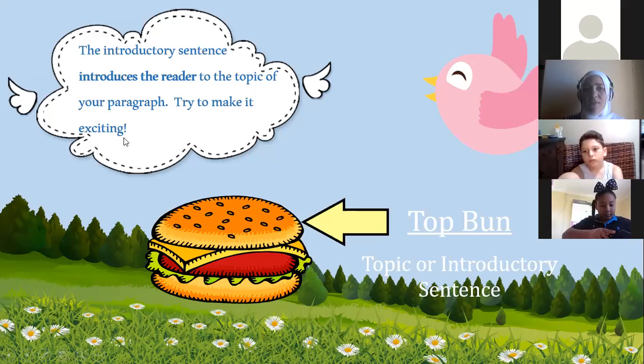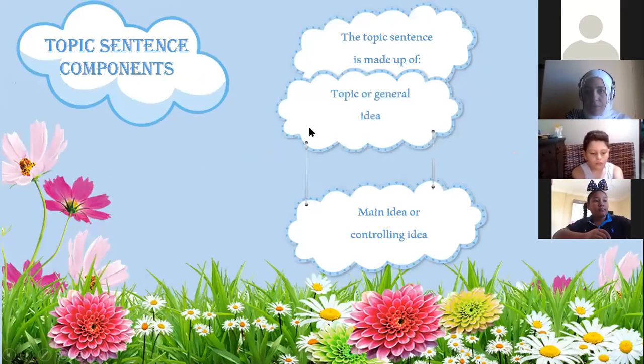Try to make it exciting. So, when I read the topic sentence, I must directly know what the paragraph will talk about. I must directly know the main idea of the paragraph. That's why we say the topic sentence introduces the reader to the main idea of the paragraph, and it must be exciting to attract the reader.